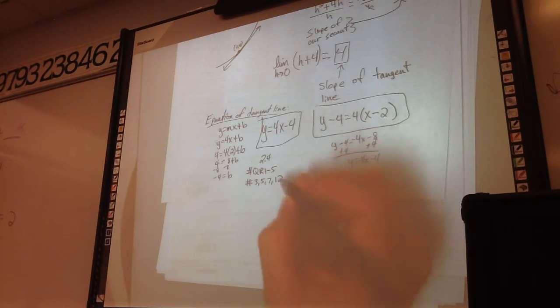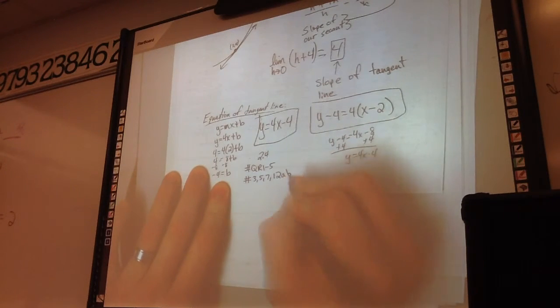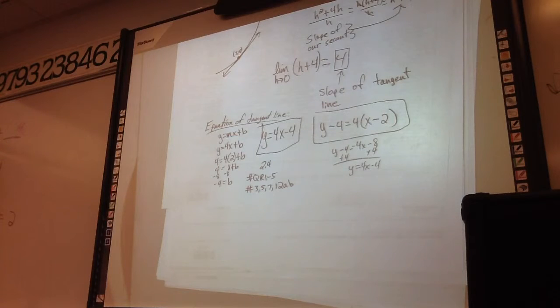At 12, you just have to do A and B. Quick review 1 through 5 is just review of linear equations and slope. 3, 5, and 7, or 3 and 5, average rate of change. So it's just change in y over change in x. Plug in the points. It gives you the interval, it gives you the x's. There's an a and b to both of them.